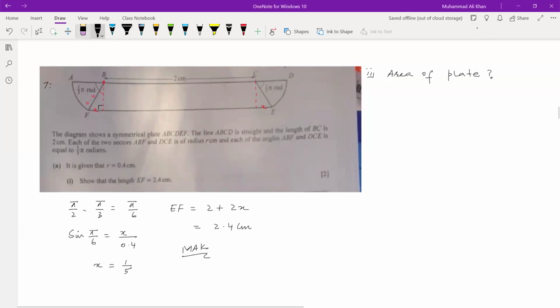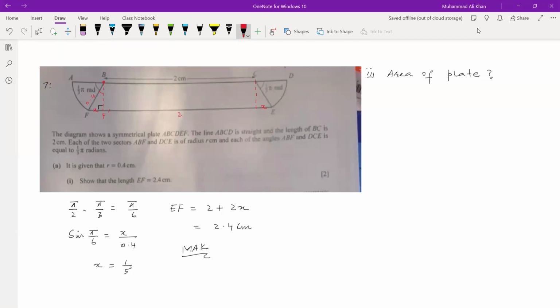For the area of plate, first we have to calculate the area of sector. Then, let's say this is F dash, the area of triangle B F dash F. And then the area of the complete rectangle.